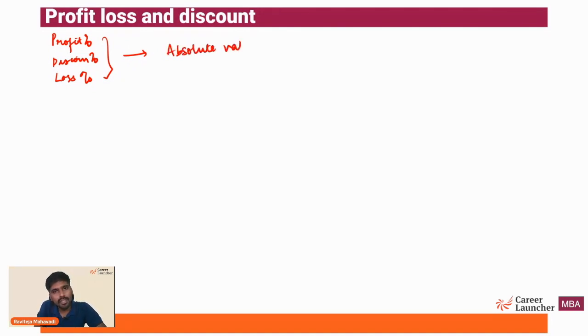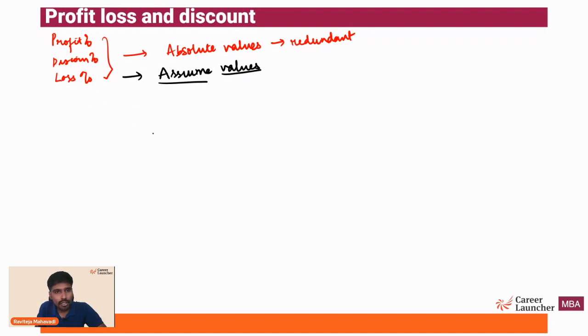Absolute values are more or less redundant in profit, loss and discount. If you're looking at absolute value of money, I think it is a no-go. You have to probably ignore those values and try to work in percentages as much as possible. The other thing you need to understand is that you need to assume values wherever required to make your calculations a little bit easier.